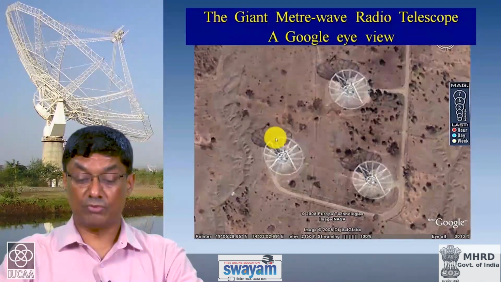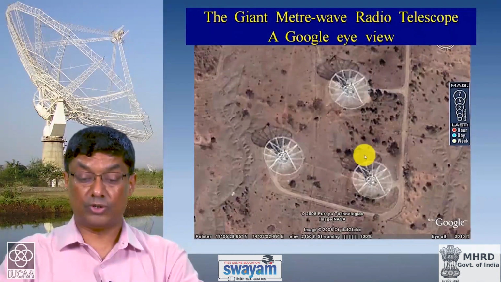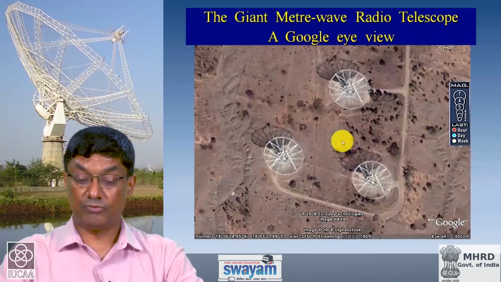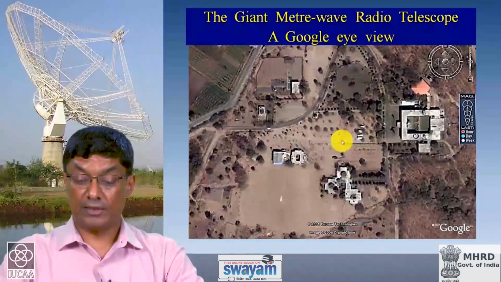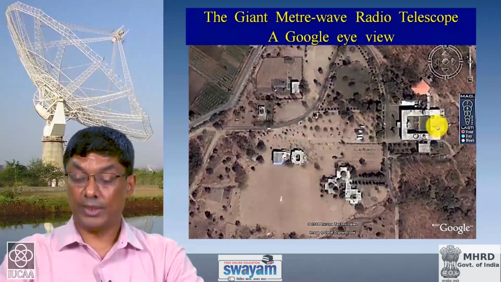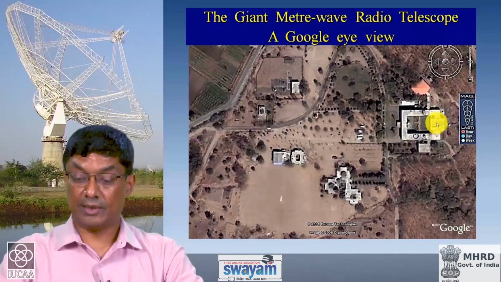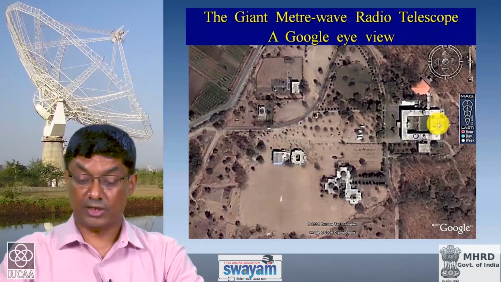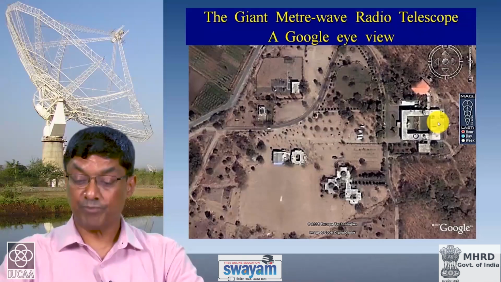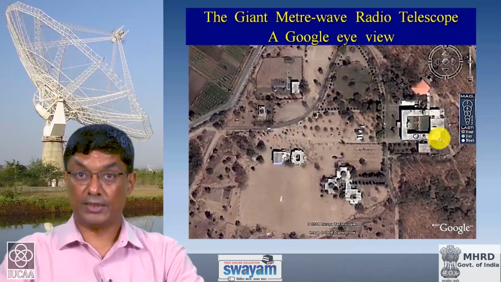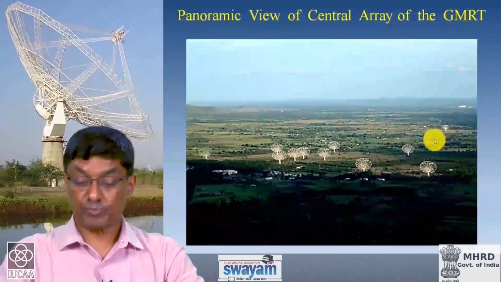These are 3 of the closest antennas, which provide the shortest baselines in the Fourier synthesis, and this is the central building where the signals from all the antennas are brought over optical fiber, and then the signal processing that I described earlier is carried out in digital processing systems over here, and the control room from where the entire array is controlled is located right here.